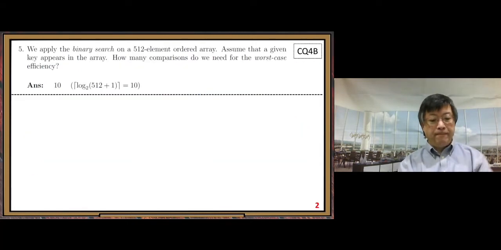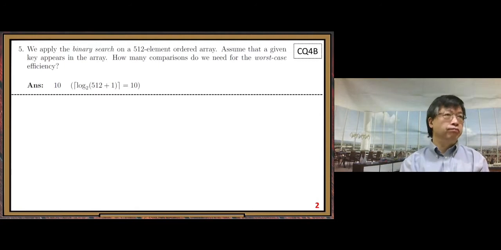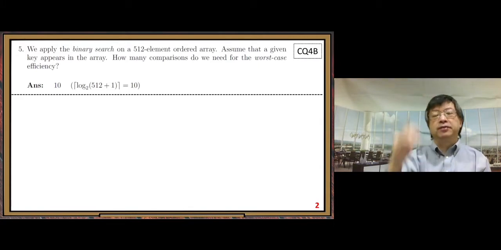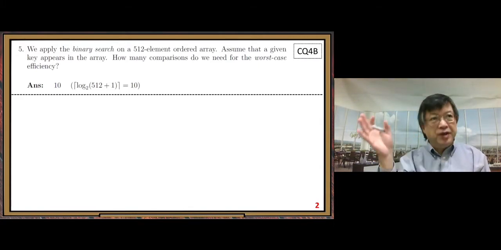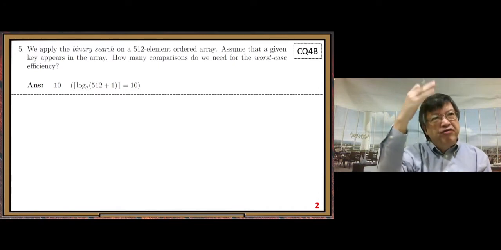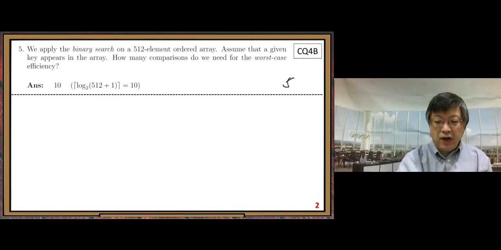The second one. This one is not hard. The answer is pretty straightforward, but based on my experience, the missing rate of this question is really high. Every semester, every time I teach this class, the missing rate is near 50%, higher or lower, but around that.